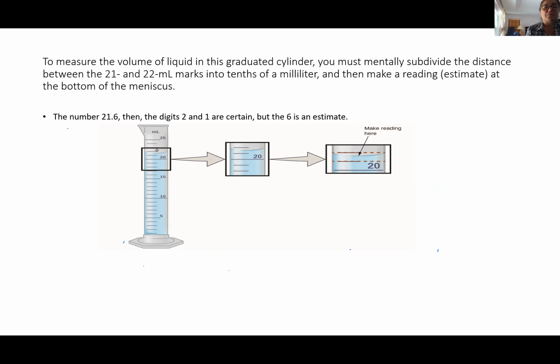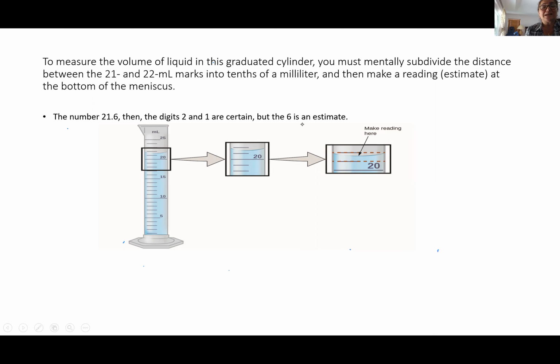And when you give this number, the 2 and the 1 are certain digits, because you can see the line of 21, and definitely the level of the liquid is higher than 21. Definitely it is lower than 22. So we are sure that 21 is correct.